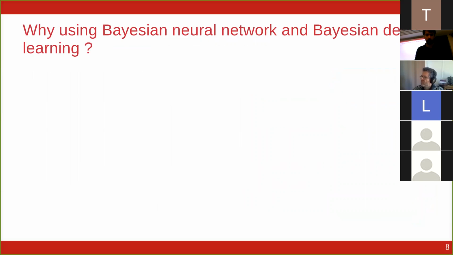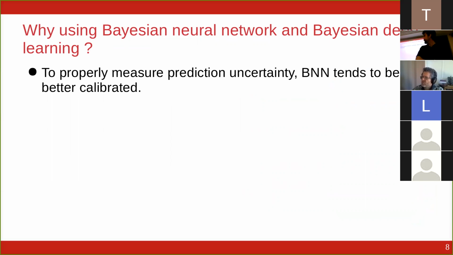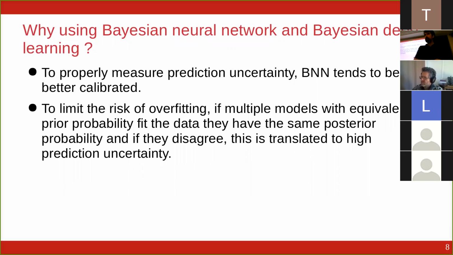Why should you use them? Well, for a multitude of reasons. First, to measure the probability of an output, the prediction uncertainty. And even if there are other methods, Bayesian neural networks have been shown to be better calibrated. They have the added benefit of limiting the risk of overfitting.